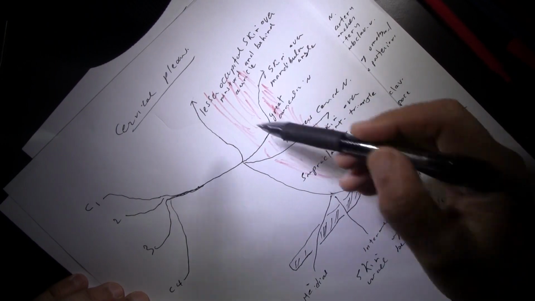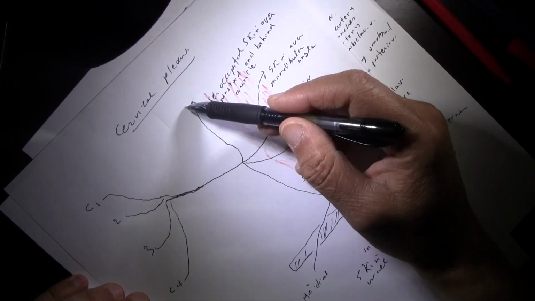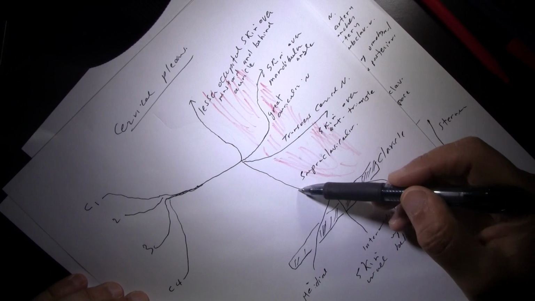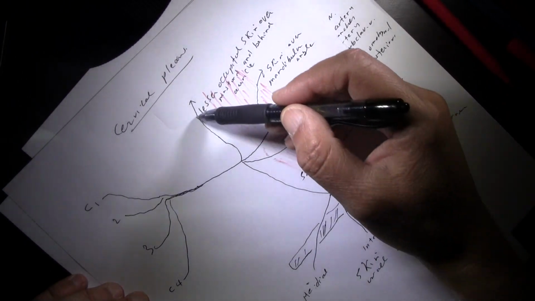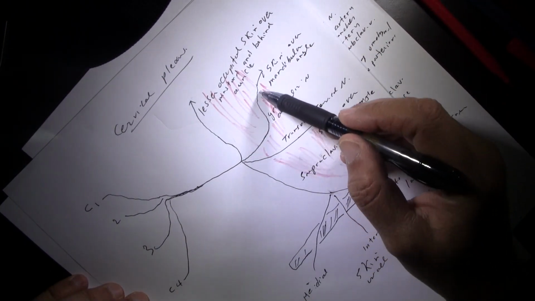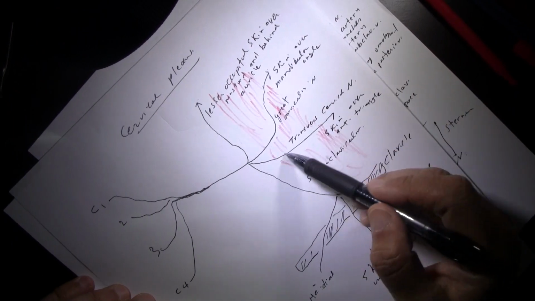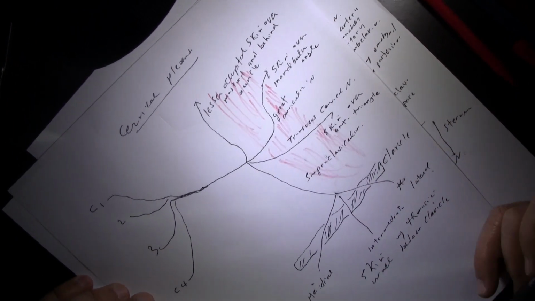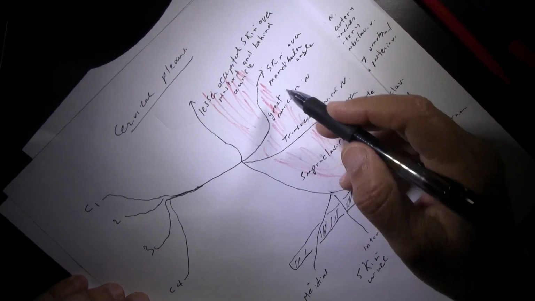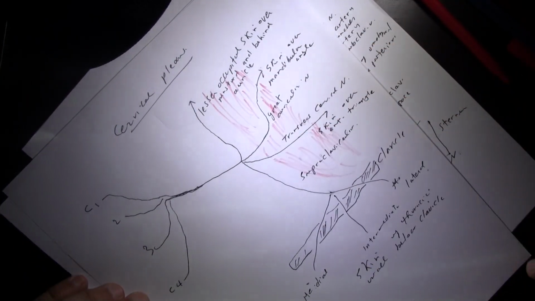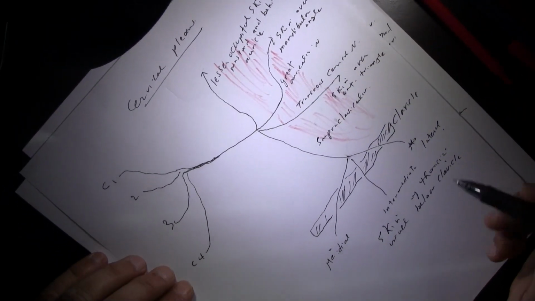Supraclavicular is going to be behind it, and lesser occipital also ascends behind it. So one descends behind it, one ascends behind it, one ascends superficial to it, one crosses horizontally superficial to the sternocleidomastoid. Okay, and we know now where each of them goes.